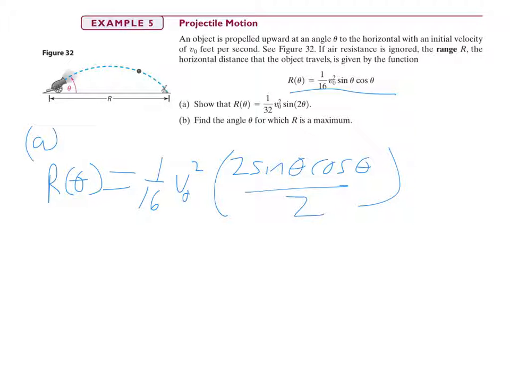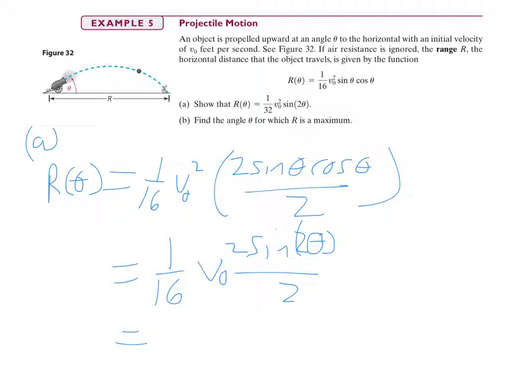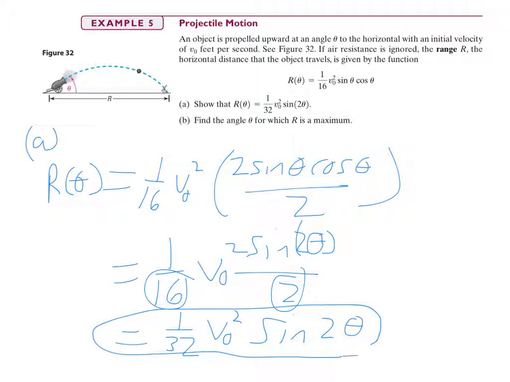And the reason we did that is because we know that 2 times sine times cosine is sine of 2 theta over 2 times initial velocity squared times 1 over 16. Now you have this sine of 2 theta over 2, you can multiply the denominators together, so you have 1 over 32 times v sub 0 squared times sine of 2 theta. And that's how we know that we can rewrite our formula as this.